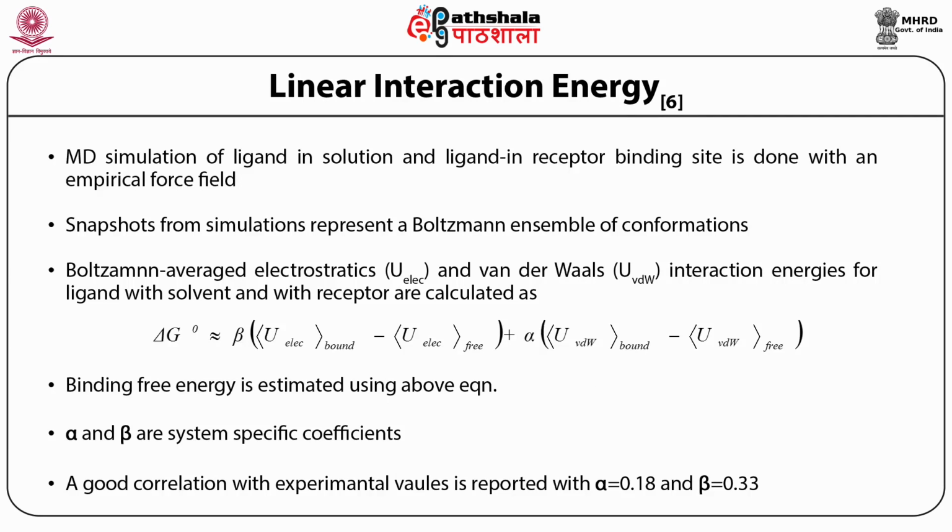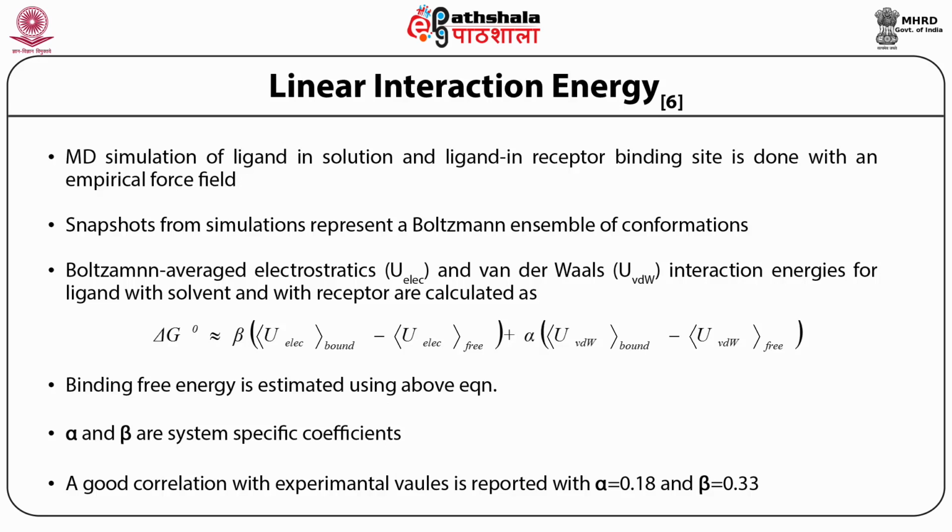It is more like snapshots of the simulation representing the Boltzmann ensemble. What we do is average over the electrostatic and van der Waals energies for the ligand with the solvent and the ligand with the receptor and solvent. Then we calculate for a few of them and find out the function of alpha and beta.